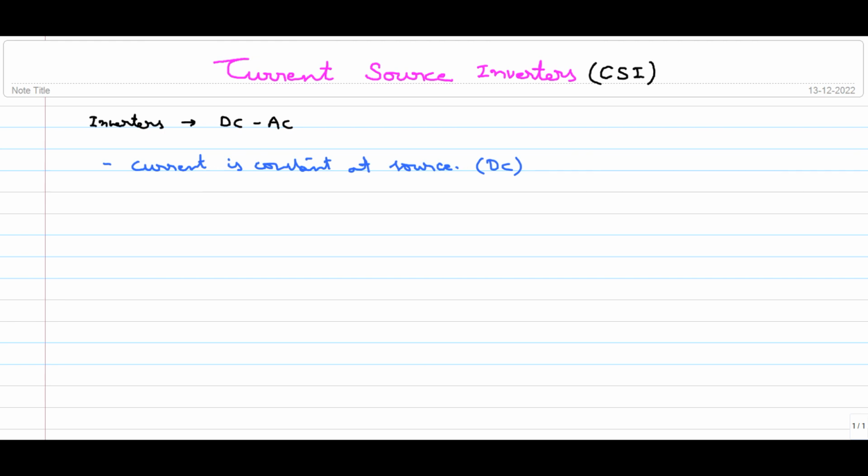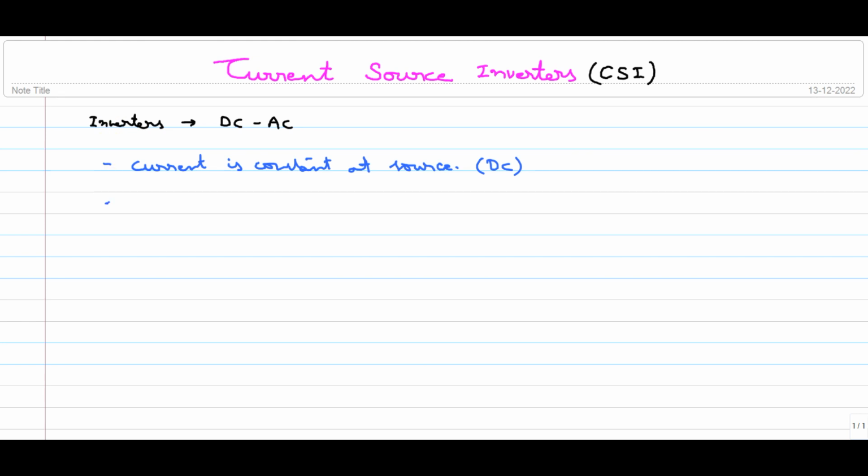If you do that, the changes of inverter voltages are accomplished at a low rate of di/dt. This part is very important. Low rate of di/dt means the change in current is very small, so the current will be almost constant.